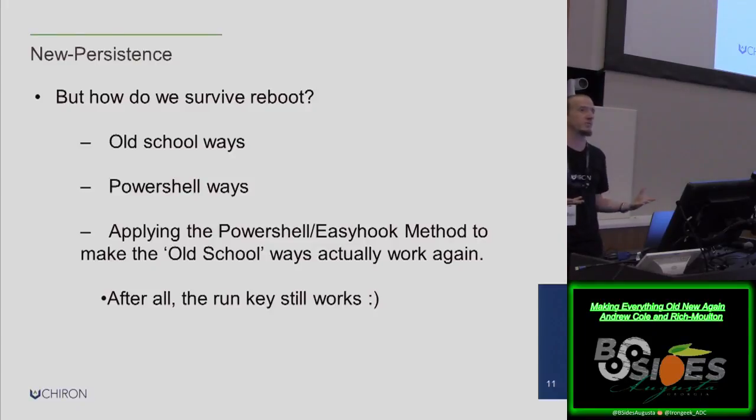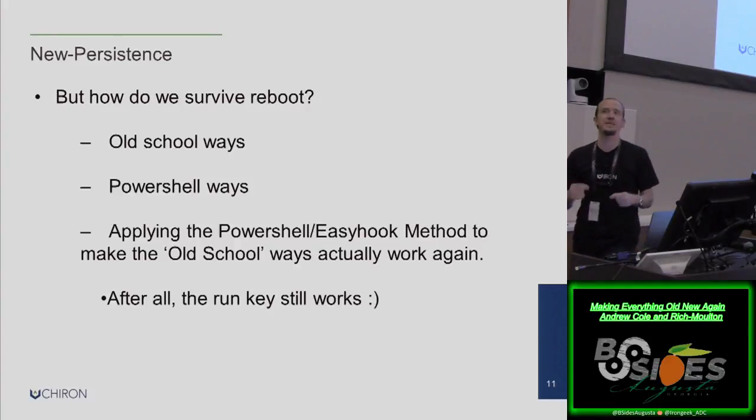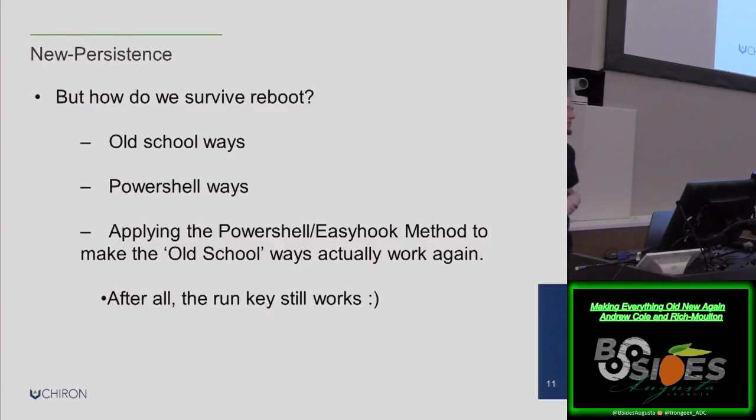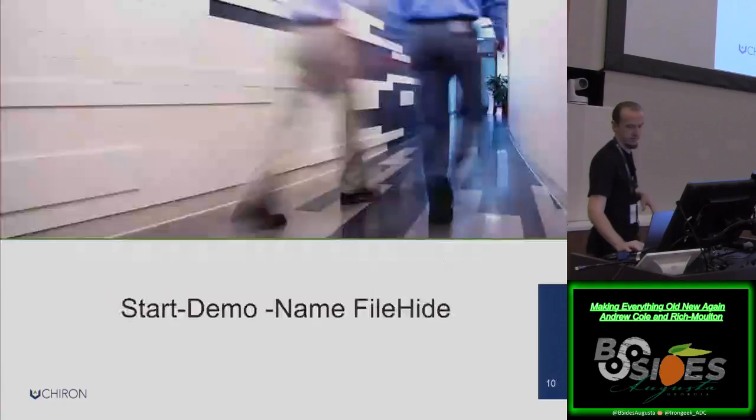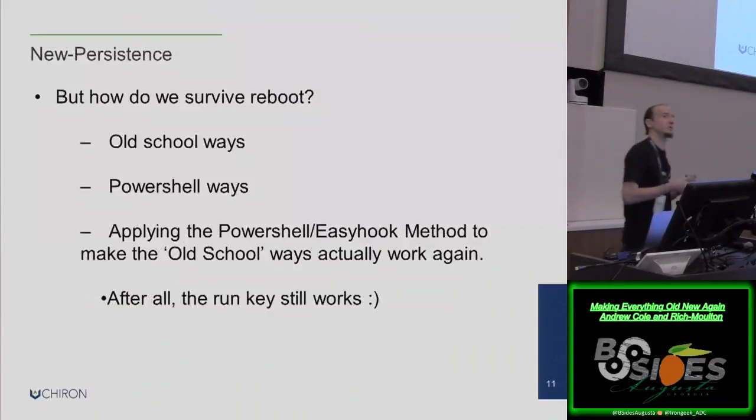There's nothing wrong with using the reg key for persistence. It's not going to get caught, and it's still going to run. You just need to keep people from being able to see what you have in there. If you were to hook RegEnumKeyExA and RegEnumKeyExW, your program would still run.